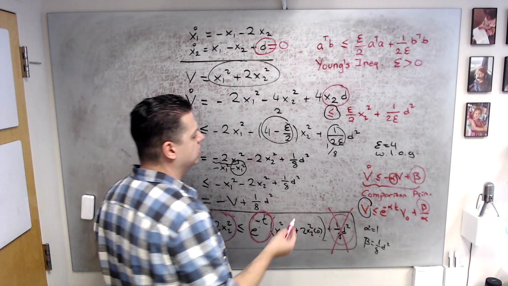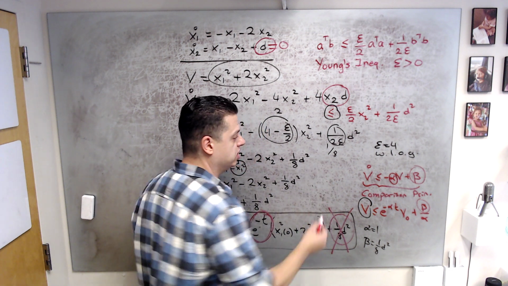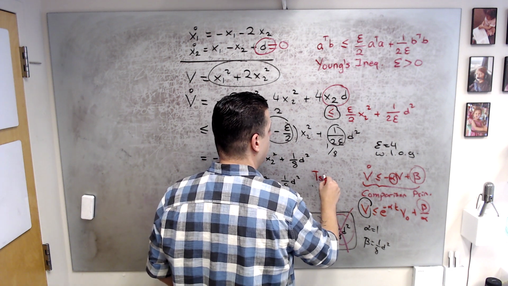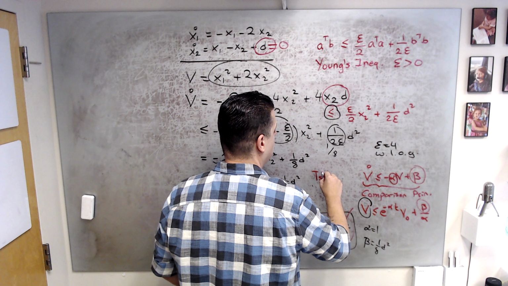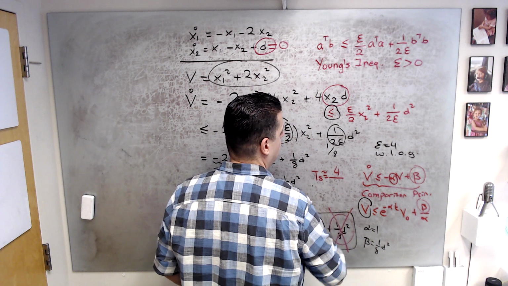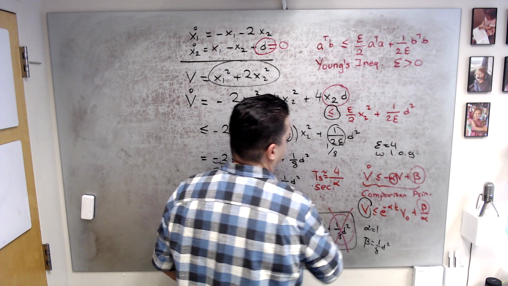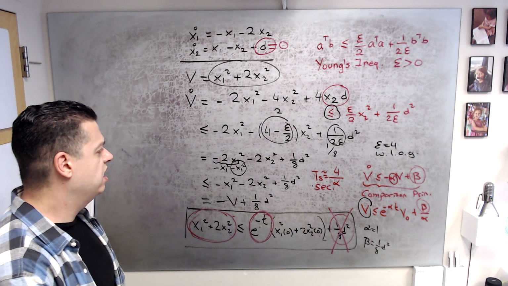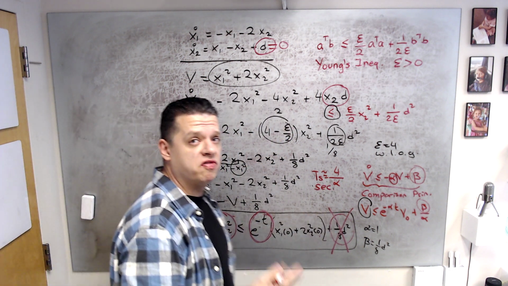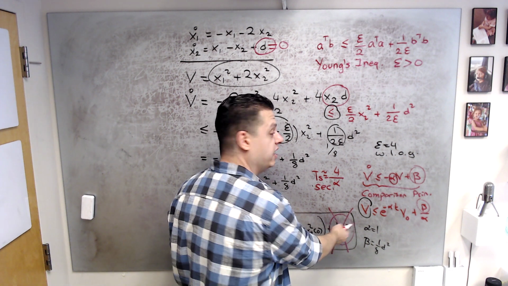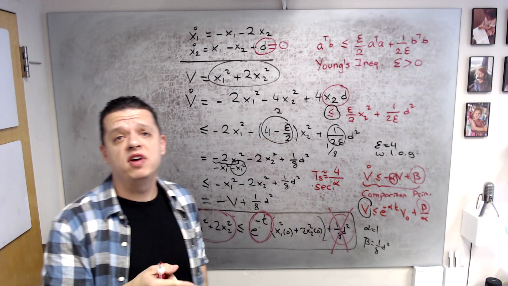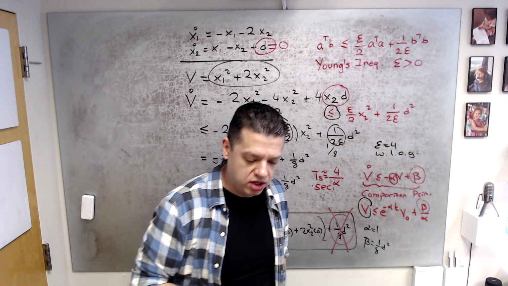So basically you can predict in exponential stability that settling time or convergence time is approximately 4 divided by alpha seconds, whatever that alpha is. In this case alpha is 1, so I know after 4 seconds, if beta is 0 or d is 0, x1 and x2 will converge to 0.